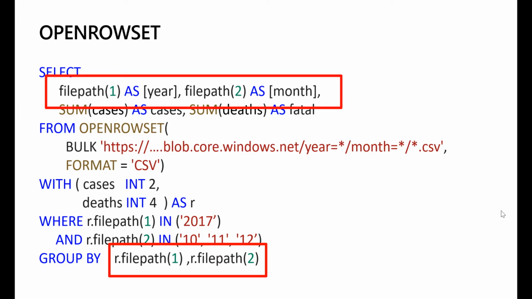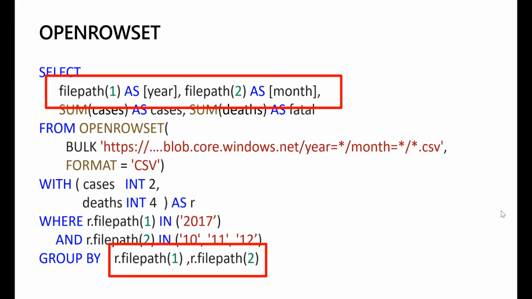Another important feature is that you can use these file paths in any part of the query. In this example, I don't have year and month in my CSV file, but I can use filepath 1 and filepath 2, that are the numbers of year and month, as any value in my query.